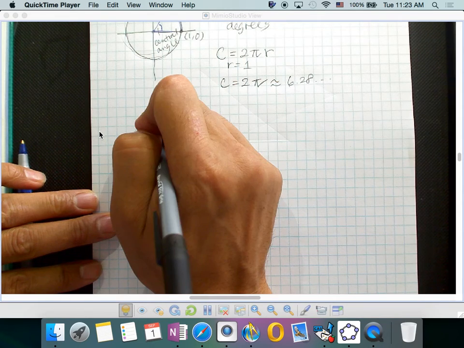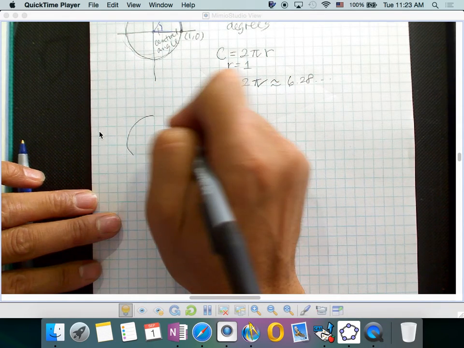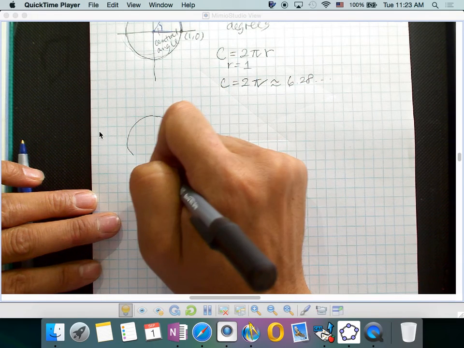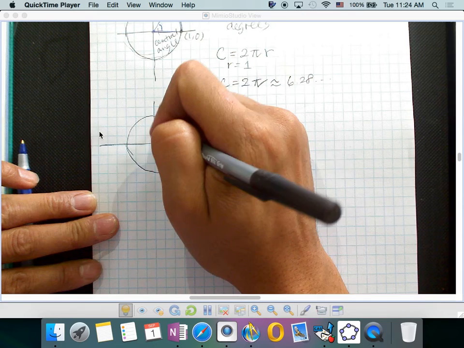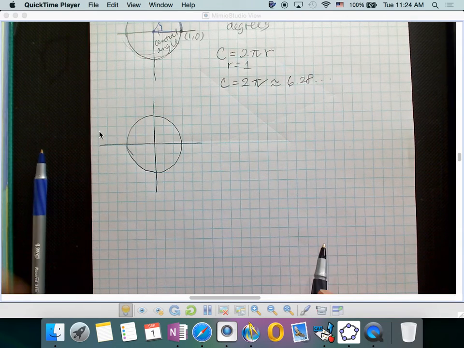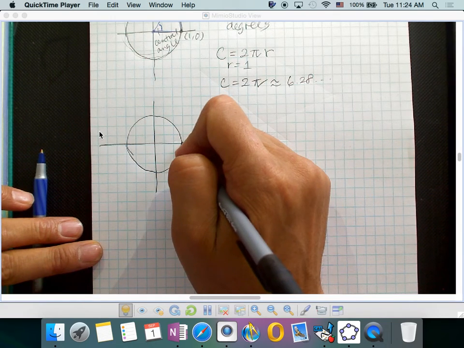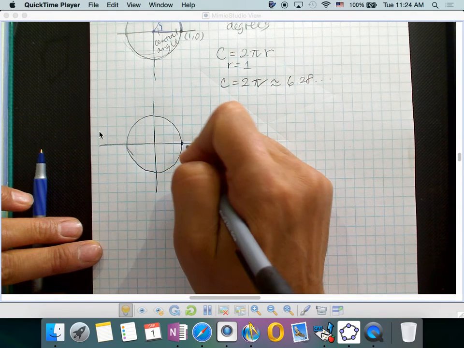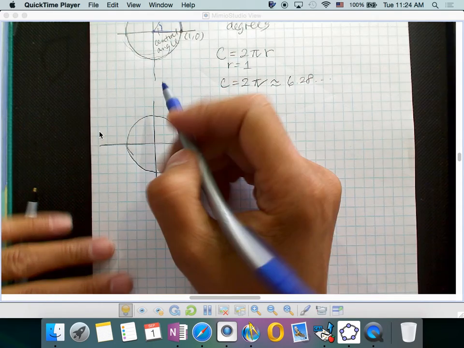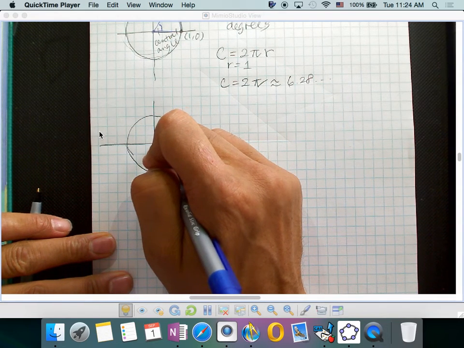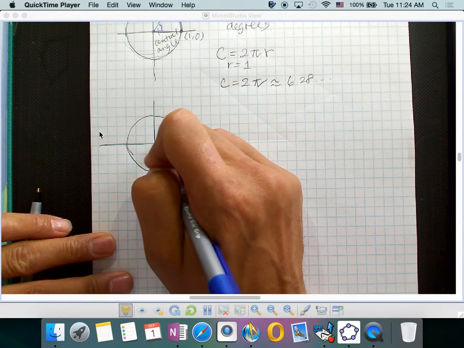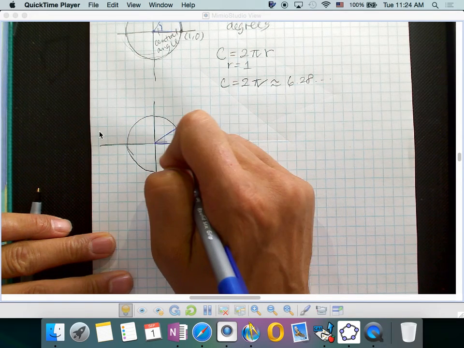So let's say now we have the same unit circle, and we go about 30 degrees from the starting point. I can use protractors if I want to, but 30 degrees is about 2 o'clock-ish, right?